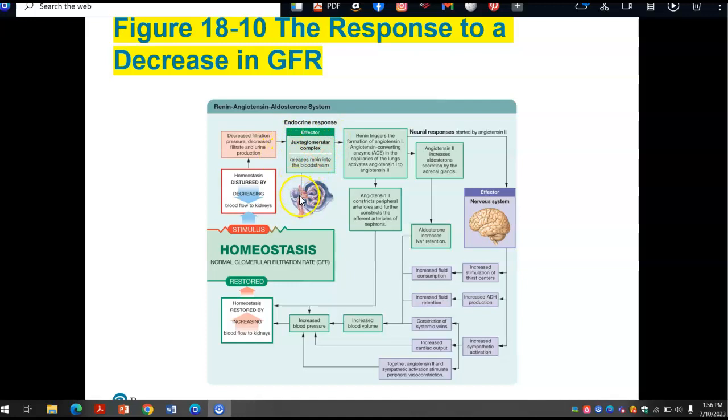you about a little bit, where, okay, remember that this is your nephron loop. It's part of the DCT that comes up in between the afferent arteriole and the efferent arteriole, and you have the macula densa cells and the juxtaglomerular complex. So these are like sensory receptors.